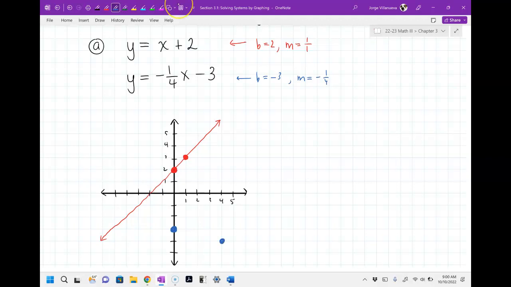Okay, let me see if I can do a good job of drawing a line here. I have a feeling it's going to go right through there. It's supposed to cross right about there. Right here. That's where it's supposed to cross.